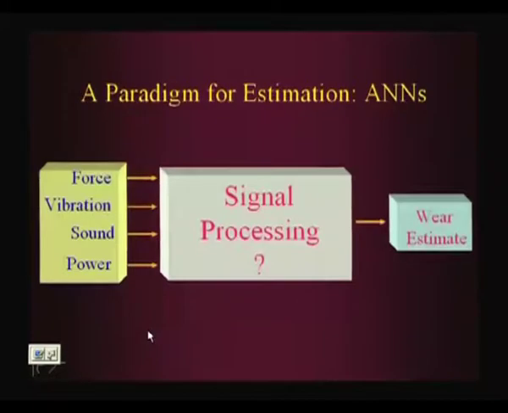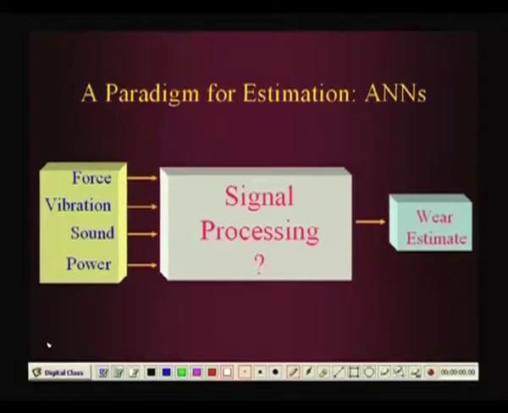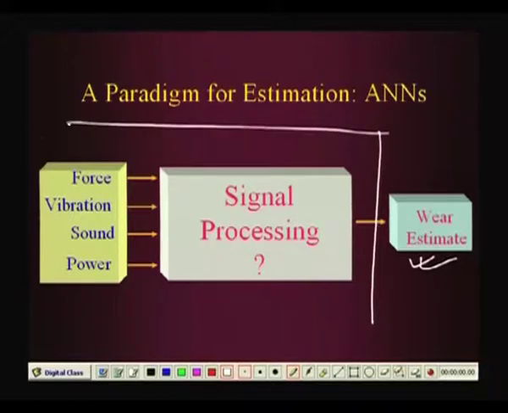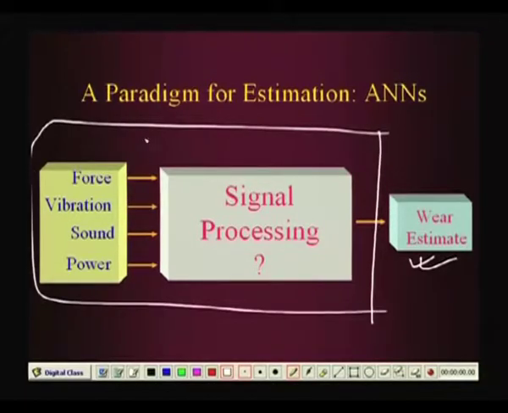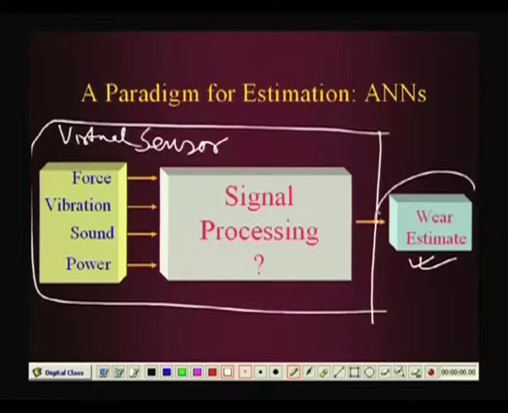So this was our basic architecture: we took the signals in terms of its features, and then we do signal processing so that we get an estimate of the wear. As if this becomes a sensor, a virtual sensor which gives us a measurement of the wear.